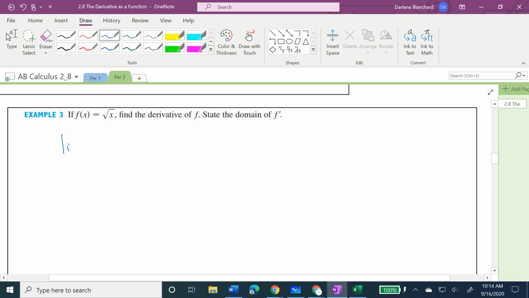Using the second definition we learned yesterday, limit as h approaches 0, h in the denominator. And I'm going to write to the side that our numerator is f of x plus h minus f of x.